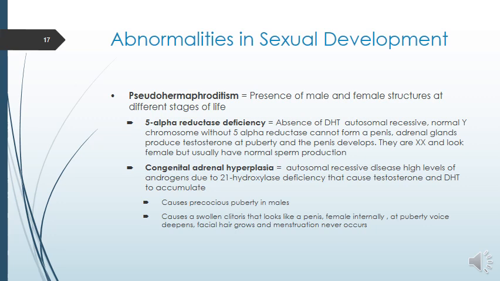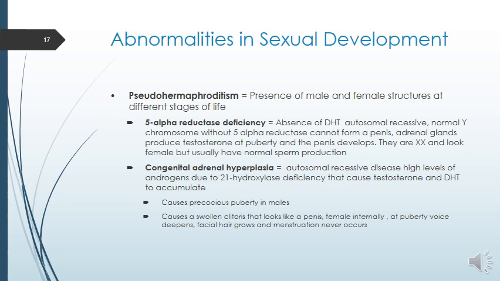In a more common form of pseudohermaphroditism, congenital adrenal hyperplasia, CAH, due to 21-hydroxylase deficiency, an enzyme block causes testosterone and DHT to accumulate. It is an autosomal recessive disease, and both males and females are affected. The higher levels of androgens cause precocious puberty in males, or male secondary sex characteristics to develop in females.